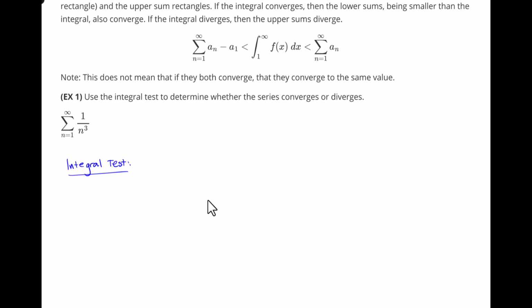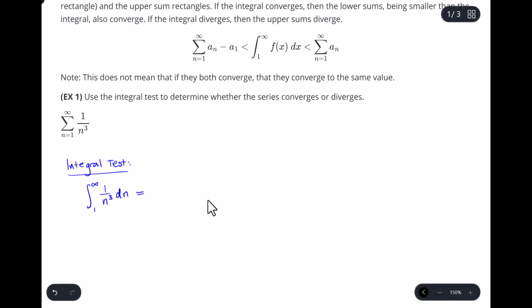So the integral test says to evaluate the integral from whatever that starting point is to infinity of your series or your sequence terms. And you can leave this in dn, or you can change it to x dx. It doesn't really make a lot of difference.